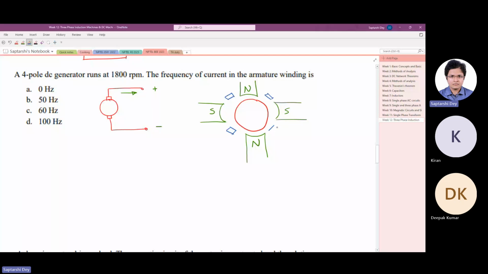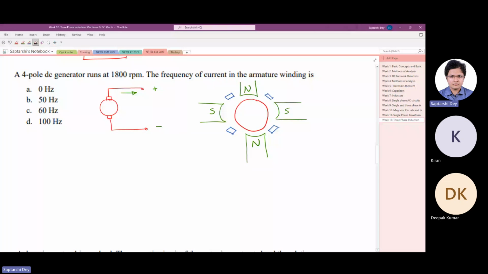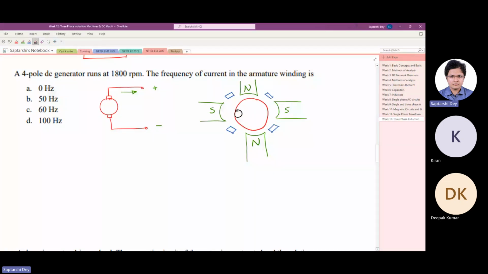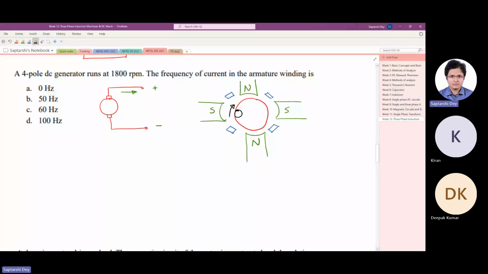Now this is a DC generator. So suppose let us take one coil side here and say it is rotating in this clockwise direction.